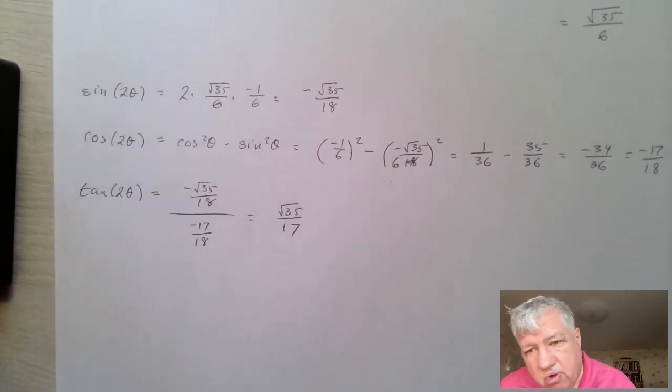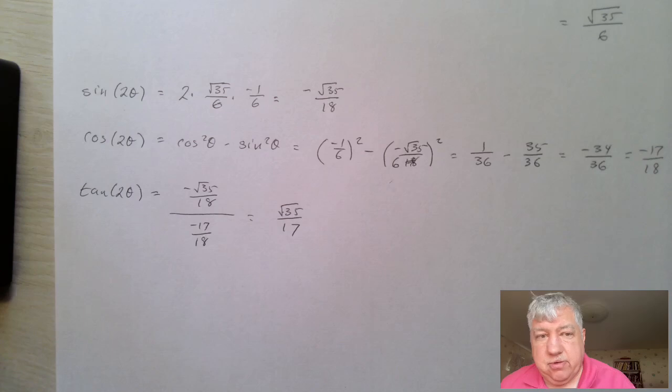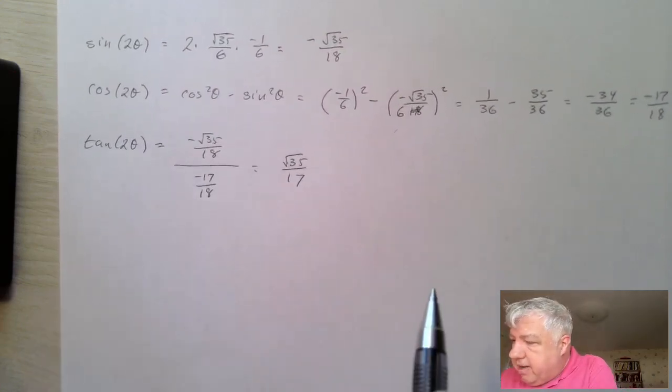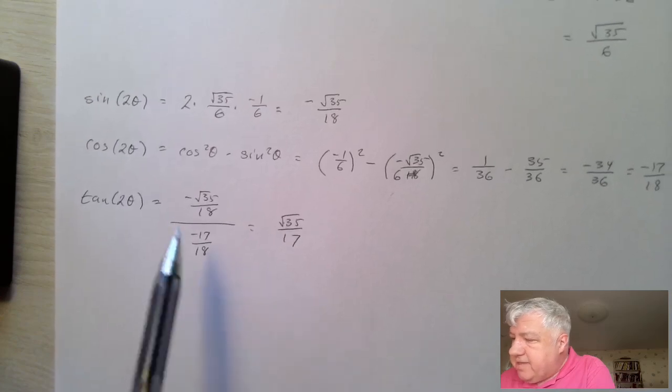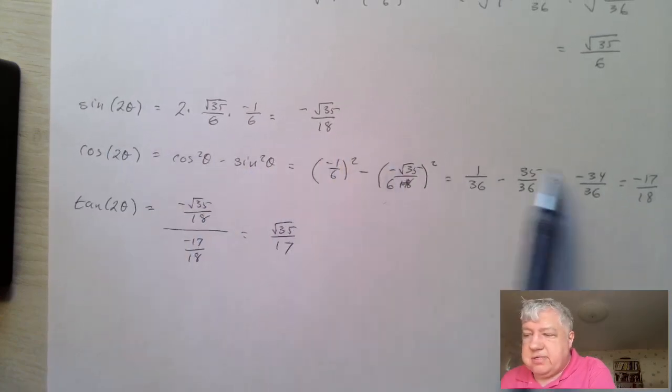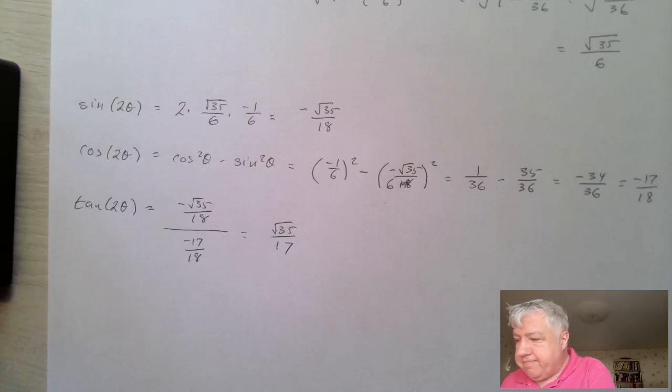So you don't necessarily have to use a formula to do this. Certainly, if you have the sine and the cosine, just divide them and be done with it. By the way, we can see that 2 theta turns out to be in the third quadrant because the sine and cosine are both negative there.